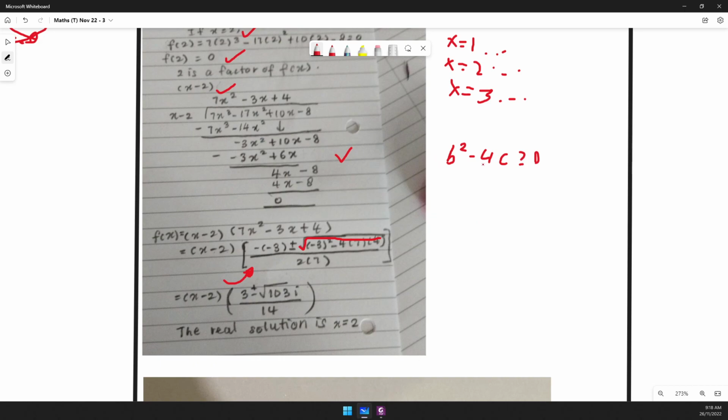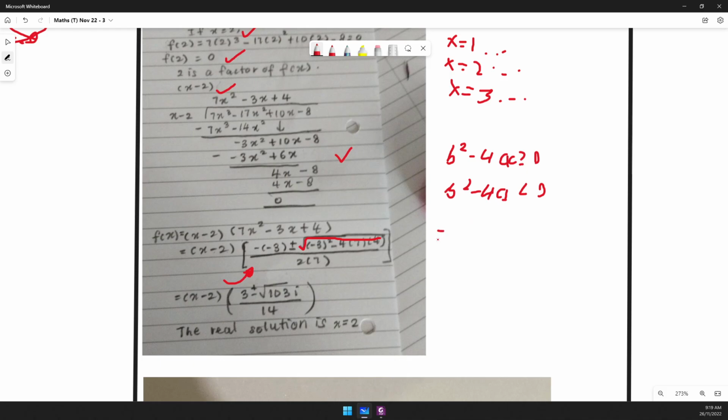If it has no roots, b squared minus 4ac should be less than 0. So if you want to find something fast, you already know from your first time using the calculator that you got an imaginary root. So instead of finding it like this, you can just use this only: b squared minus 4ac.